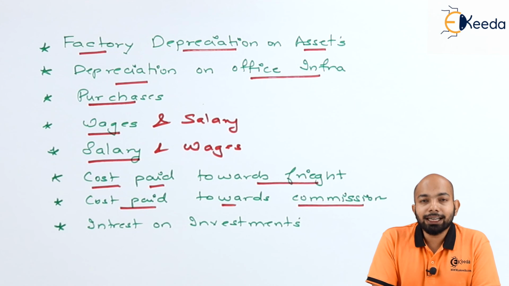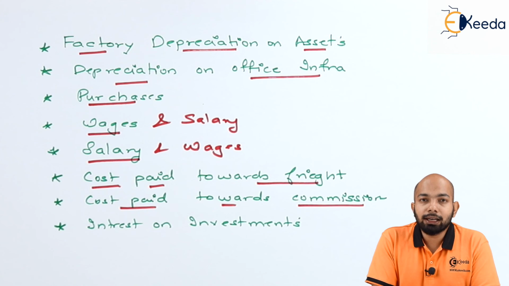Hence, the freight that has been paid for any goods purchased and delivered at your manufacturing unit will always be recorded under trading category or trading debit side. However, the commission which has been paid is an expense for enhancing your sales. Hence, that will be a part of profit and loss account. I hope you get the difference when it comes to operating expense and trading expenses.